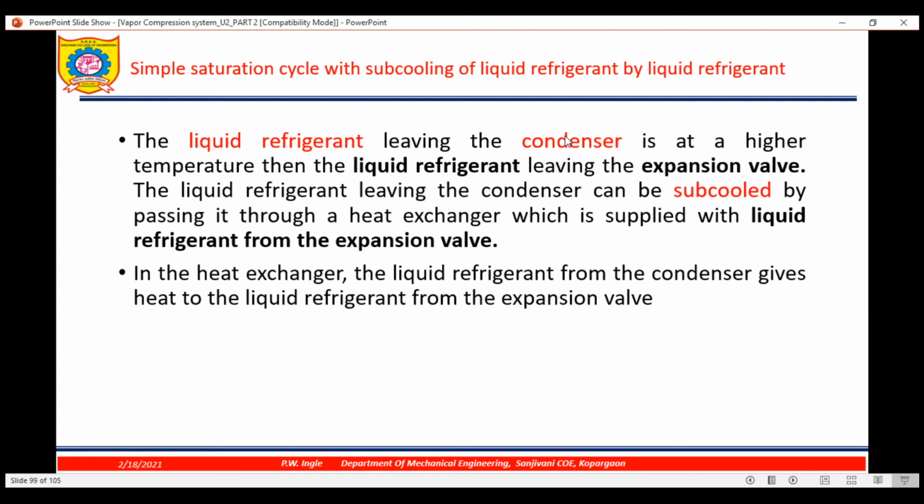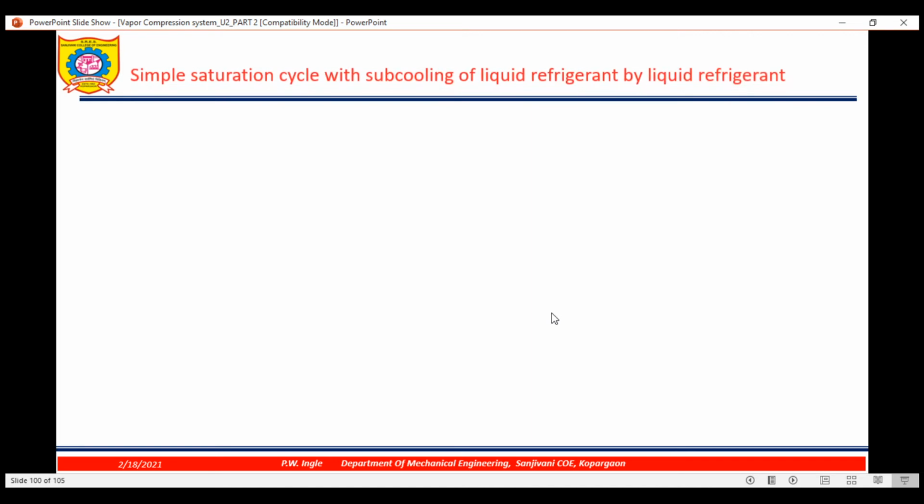The previous cycle was related to condenser and evaporator. Again I am reading the statements. The liquid refrigerant leaving the condenser is at a higher temperature than the liquid refrigerant leaving the expansion valve. It can be subcooled by passing it through the heat exchanger which is supplied with the liquid refrigerant from the expansion valve. In the heat exchanger, the liquid refrigerant from the condenser gives heat to the liquid refrigerant from the expansion valve.